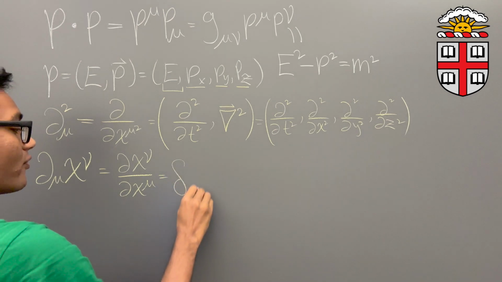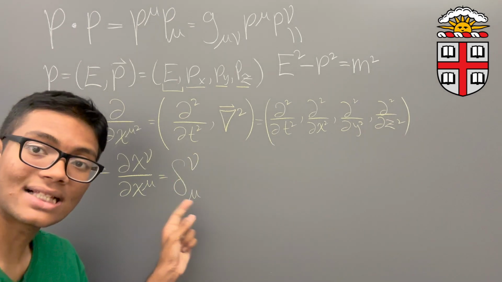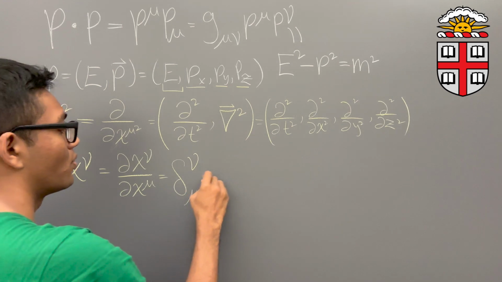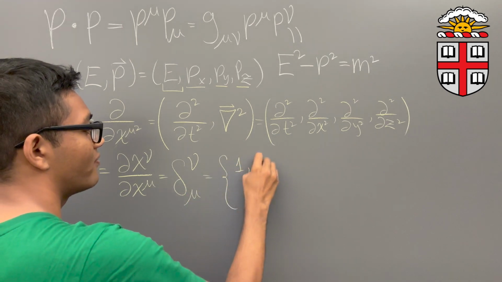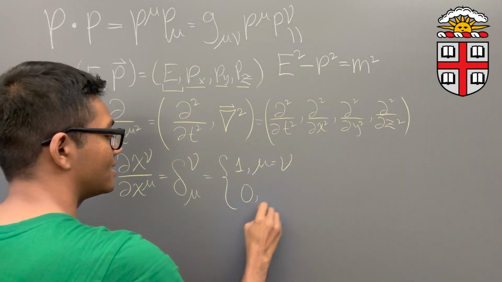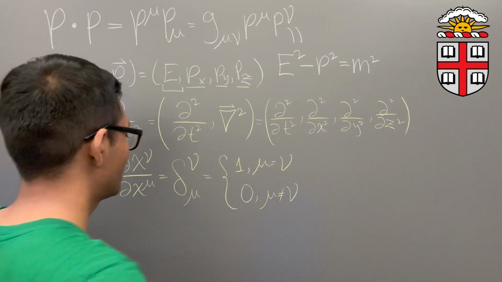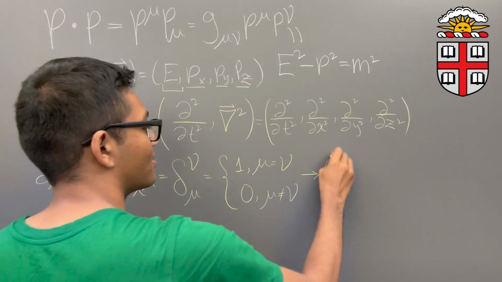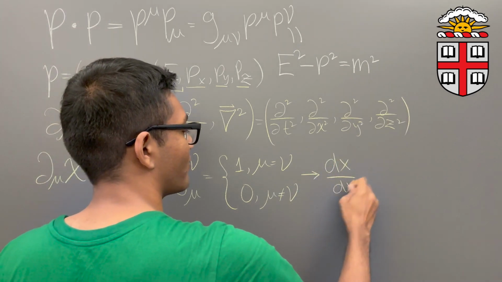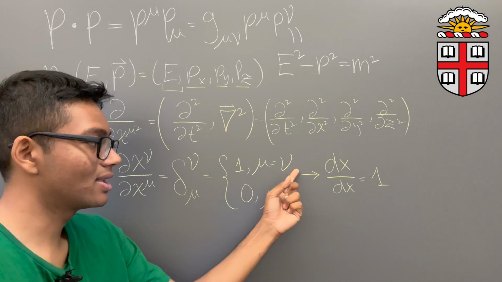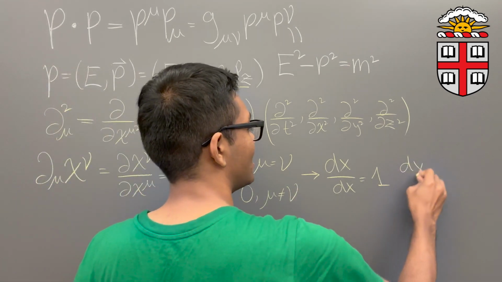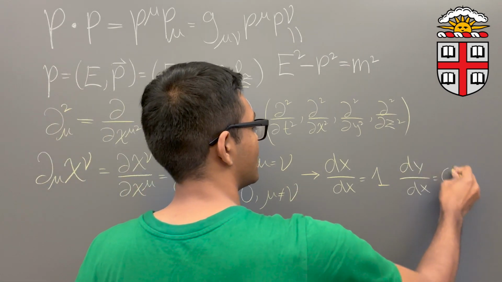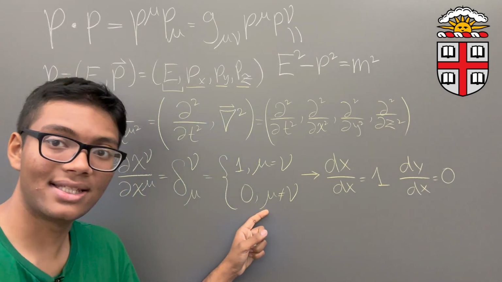Or if you want to be more formal, this is the Kronecker delta, mu nu, which is 1 if mu is equal to nu and 0 otherwise. So in other words, if you're using, for example, an orthogonal coordinate system, then dx over dx is obviously 1. In that case, mu is equal to nu, but dy dx is equal to 0.